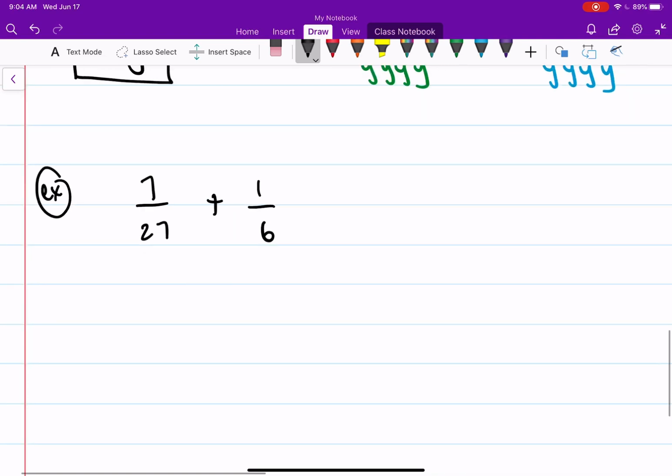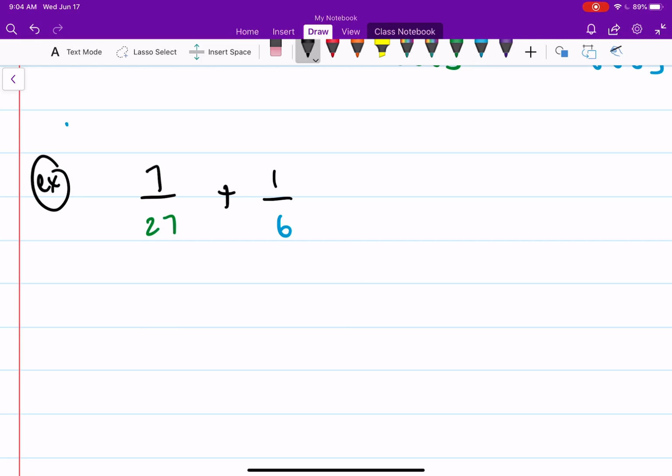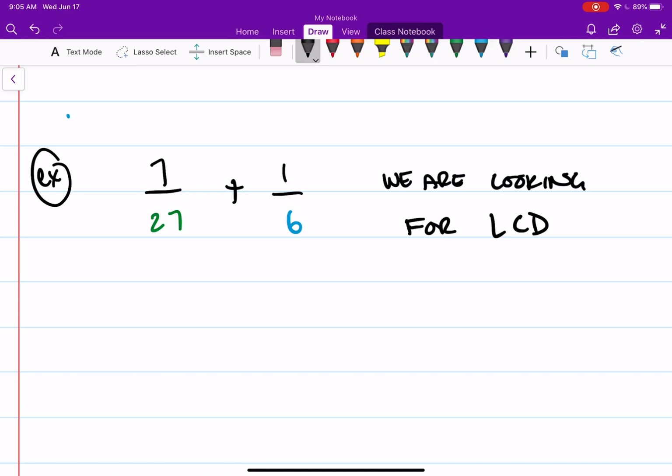So what I would do is, again, now we're talking about LCDs. So we are looking for the LCD. So in other words, we're just focused on the denominator.